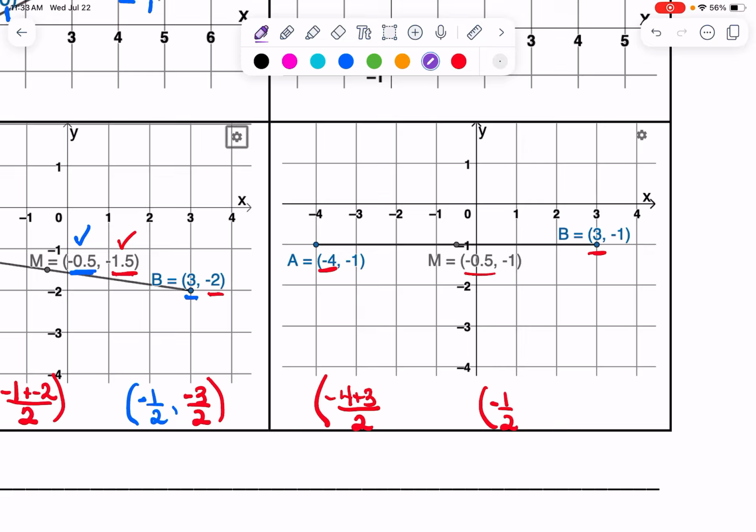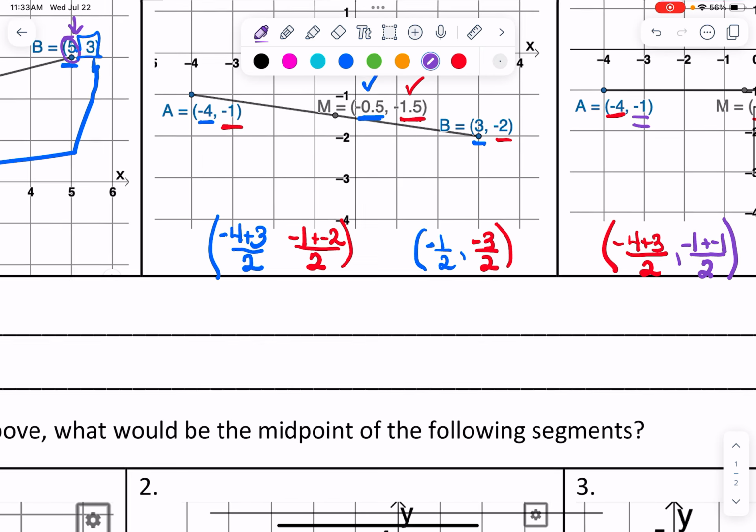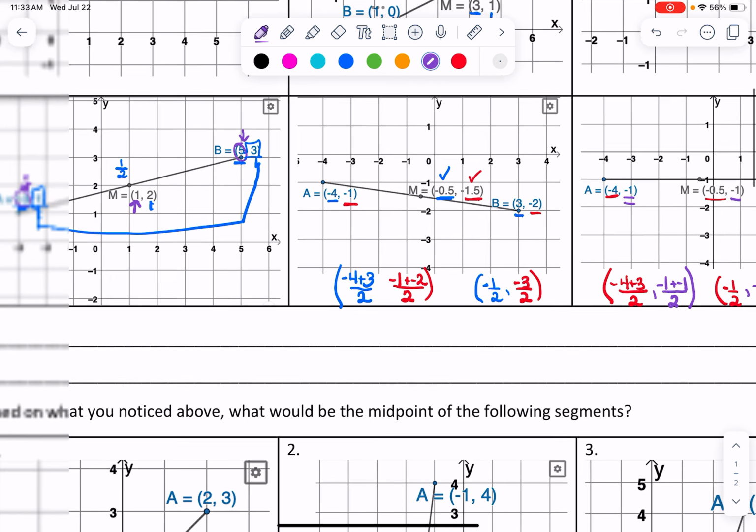And then if I take a negative 1 and add a negative 1, it becomes a negative 2 because they're both negative. Negative 2 divided by 2 is a negative 1, and that makes sense. That checks as well.